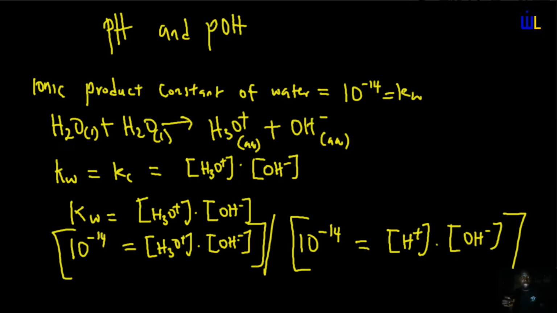Now, with that said, we've gotten a very important point, and with this point we can extend this study to talk about one other thing. Given that 10 raised to power minus 14 equals concentration of hydrogen ion times concentration of hydroxyl ion, how does this relate to acidity and alkalinity?